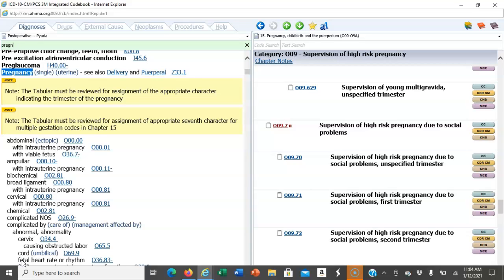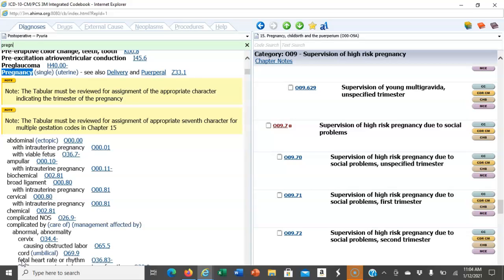Her labor presents uneventfully. This is her 6th pregnancy, and the baby weighs 11 pounds. The physician who delivered this baby documents LGA, large for gestational age. So even though she had a vaginal delivery, because he documented LGA, we are no longer at an O80 code.